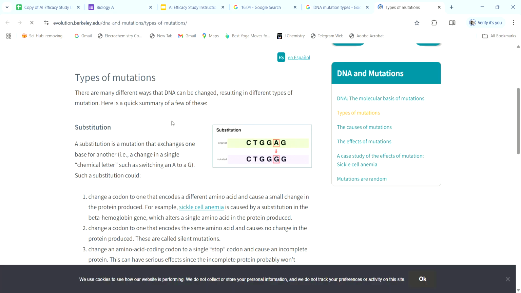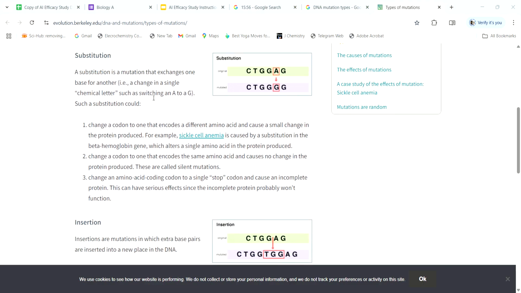Here is a quick summary. A substitution is a mutation that exchanges one base for another, such as A to G. A substitution could change a codon to one that encodes a different amino acid and causes a small change in the protein produced.